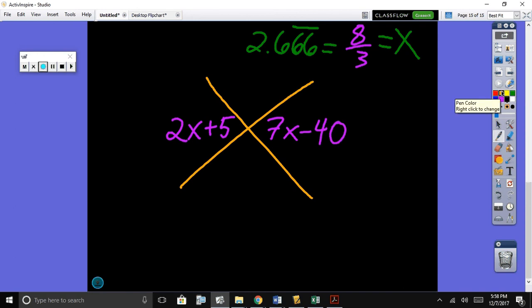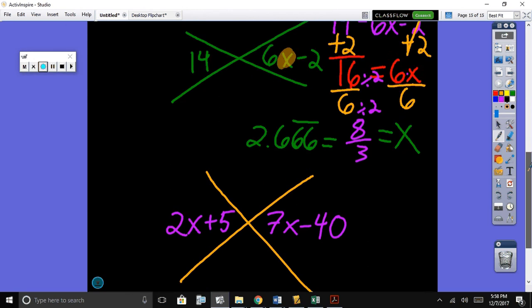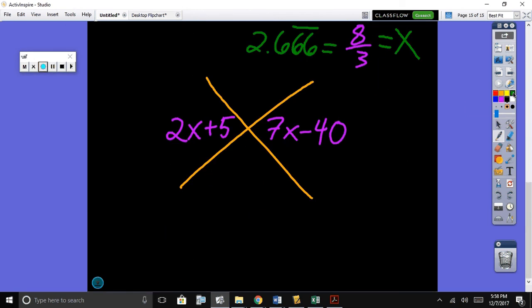We can apply a similar process to that above, but we're just going to have a slightly bigger equation. Just as before, you're going to have 2x plus 5 and 7x minus 40 be equal to each other. Why are they equal to each other? They're equal by the vertical angle theorem. So we're going to set that equation off to the side: 2x plus 5 equals 7x minus 40.